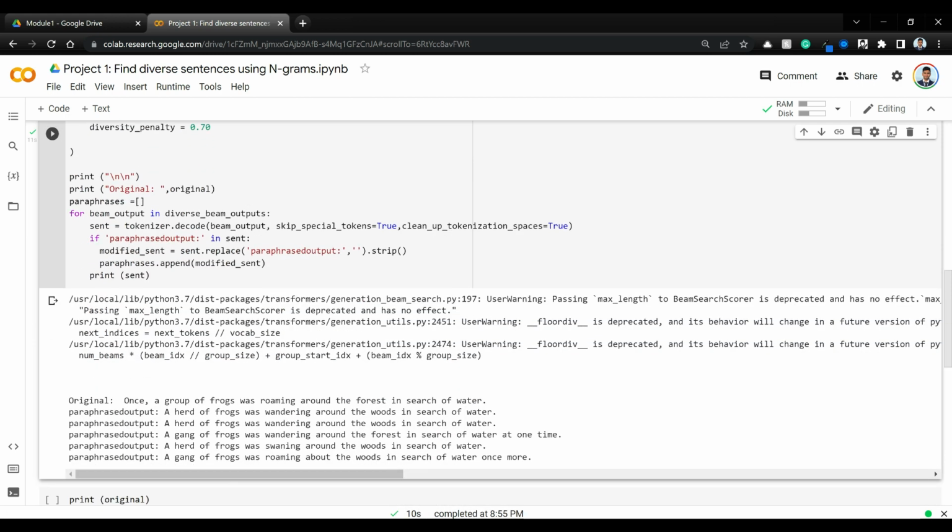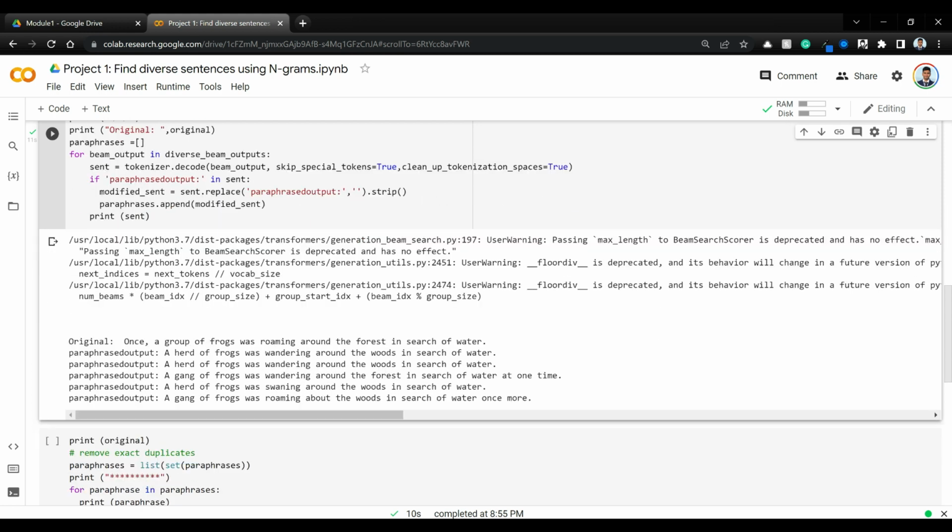And once you run this cell, you will see the output here, which is essentially you have your original sentence: once a group of frogs was roaming around this forest in search of water. And we are using a concept called diverse beam search to generate multiple variations of paraphrases to this original sentence.